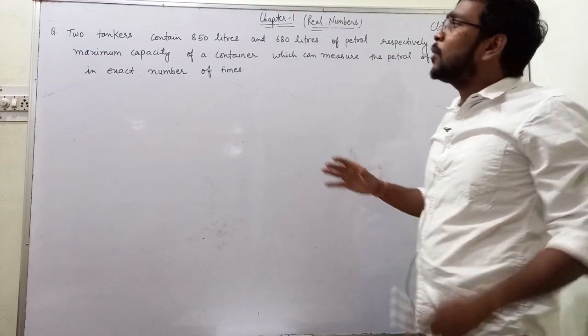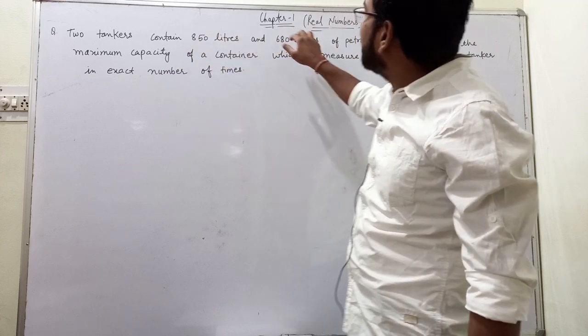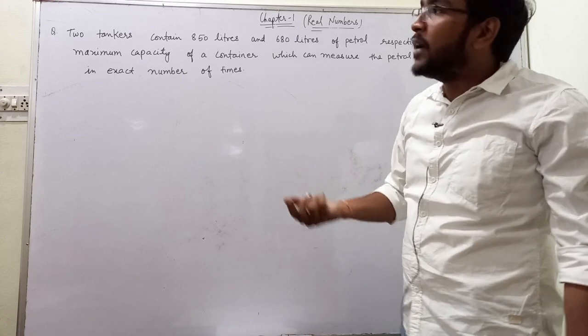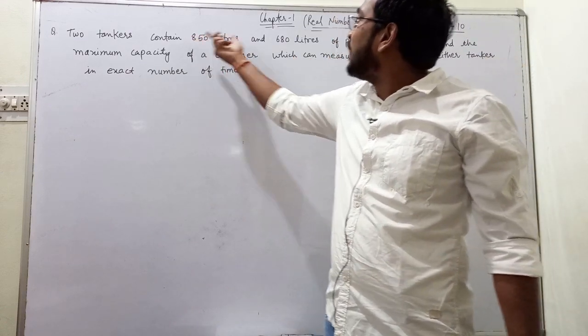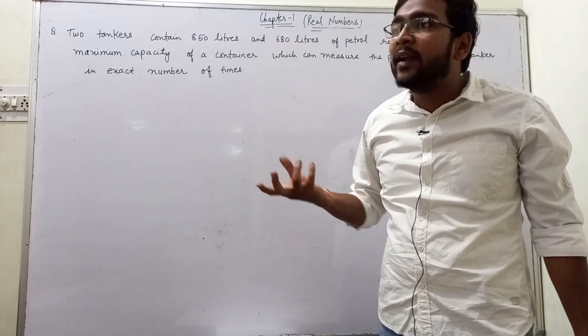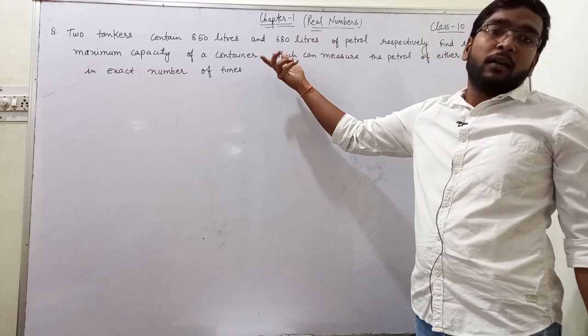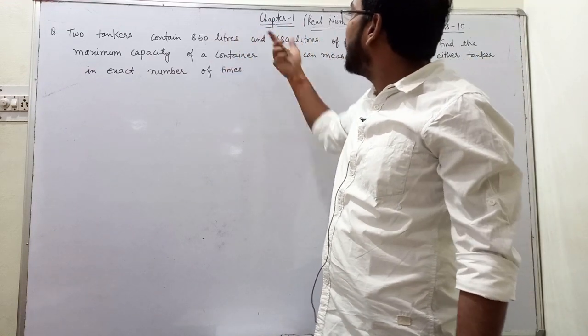In a similar way, if I need to measure these volumes, I need an instrument whose capacity will exactly divide 850 and 680. So what do I need? I need a container whose capacity should divide 850 and 680.